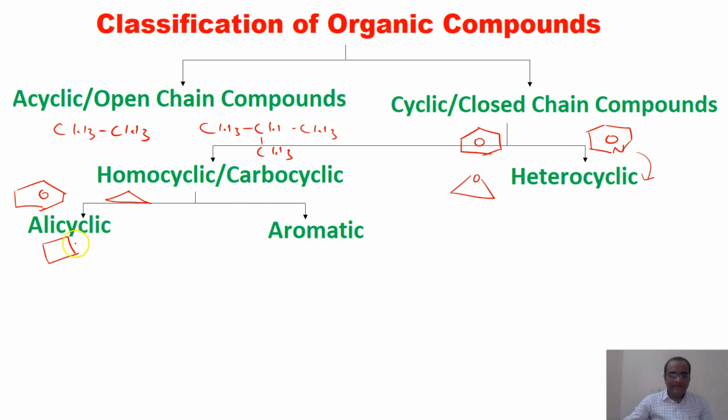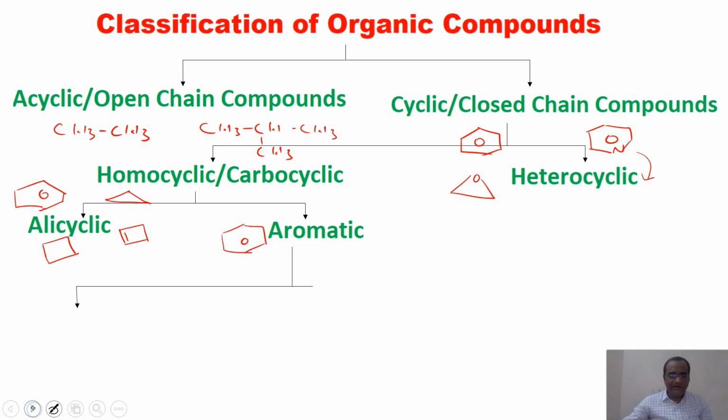Why alicyclic? Because it is not an aromatic ring. Aromatic ring means what? There are certain rules to be satisfied to be aromatic. Like this benzene, it is an aromatic structure. Or if I write cyclobutane with a double bond, it does not become aromatic. So it is an alicyclic kind of compound.